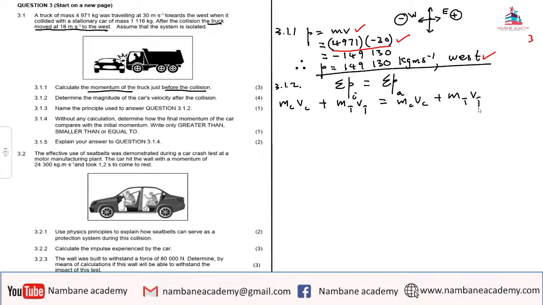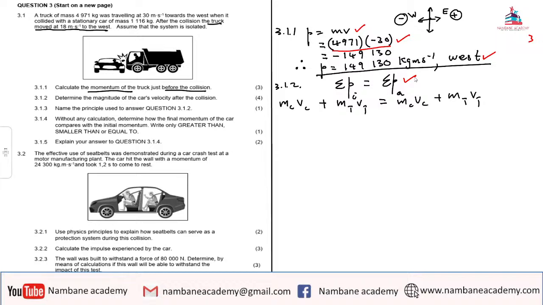Ladies and gentlemen, hence we say, please start with the conservation of linear momentum. Because why? This part of mcvc plus mtvt comes from the information that is given. So that will be the part that keeps on changing, because of different situations. Now let's substitute.